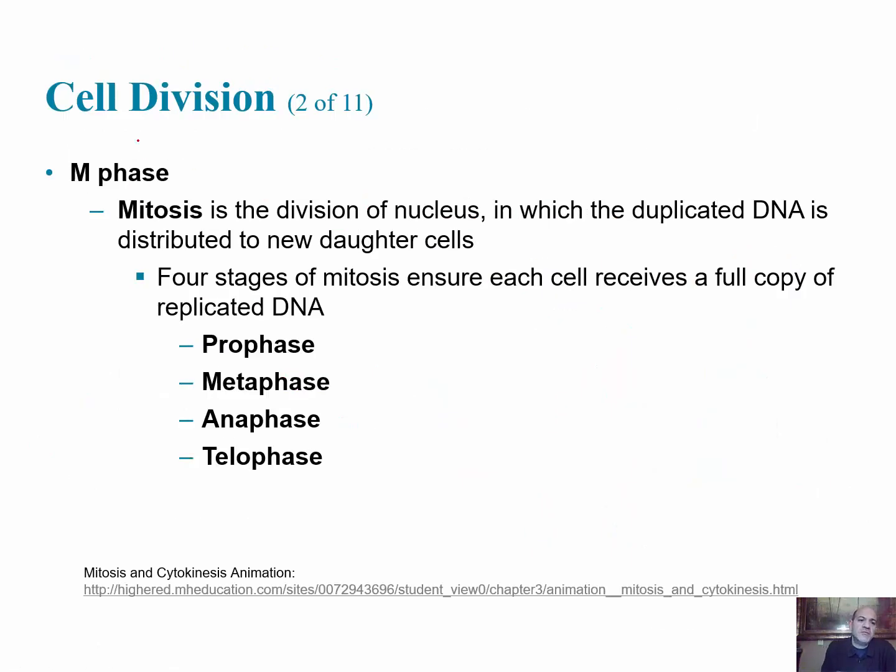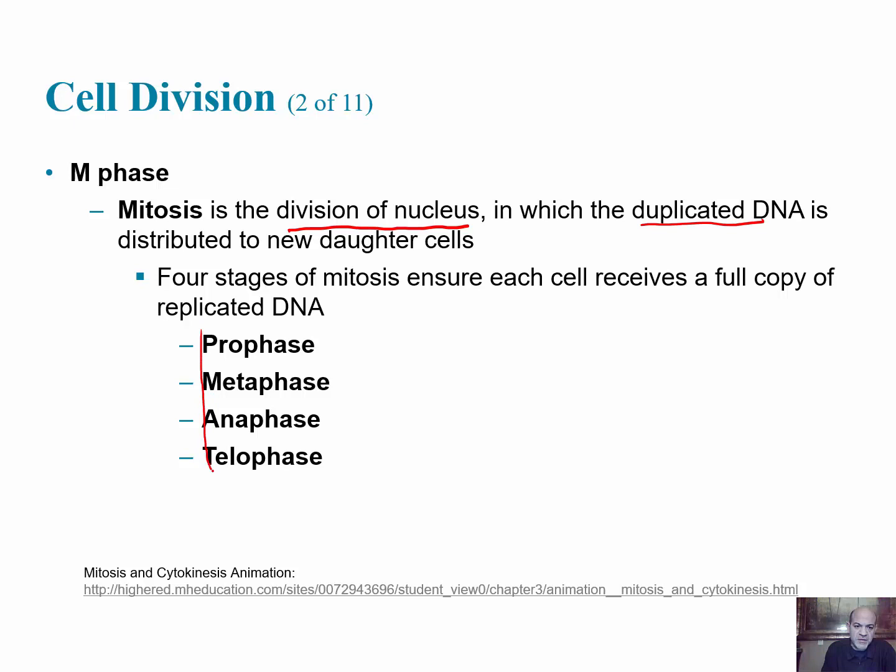So we're going to look quite closely at the events of mitosis, which is again the division of the nucleus, where we're going to separate our duplicated DNA, which are going to be condensed into chromosomes at this point. There's 4 main stages.